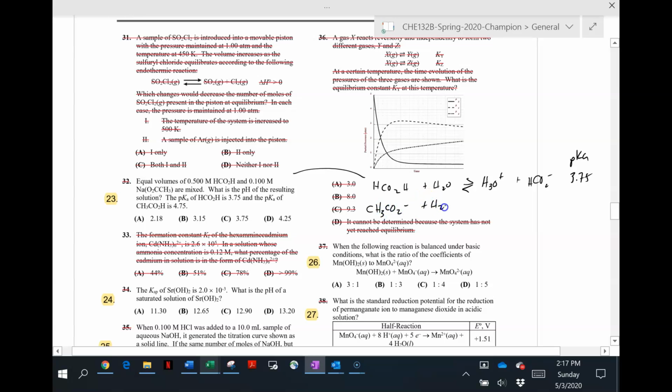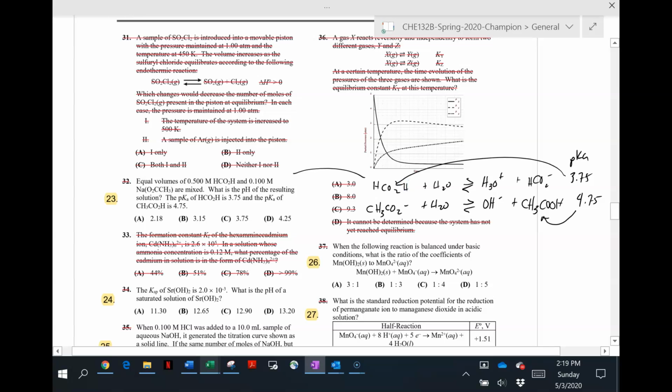That's going to react with water and form hydroxide ion and acetic acid. And the pK for that is 4.75. All right, so I think what we've got to think about here, first of all, is that this pKa refers to that, and this pKa refers to that.